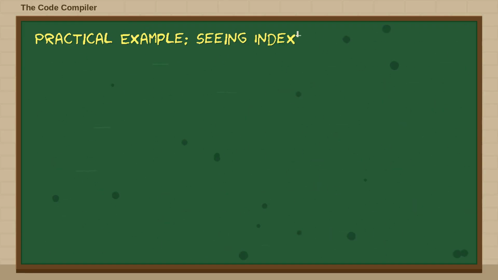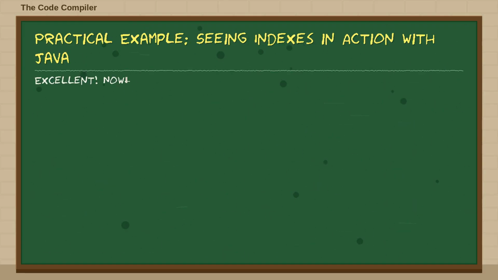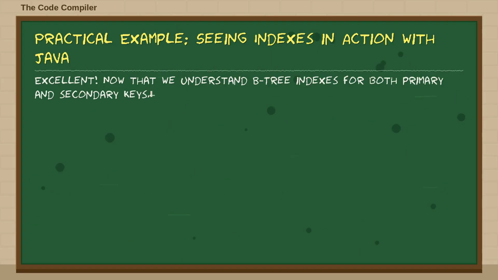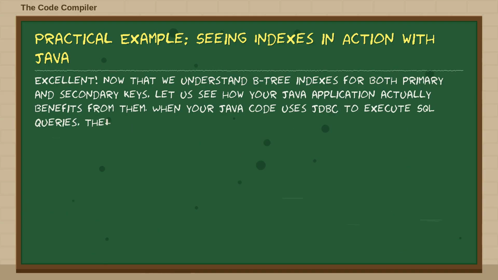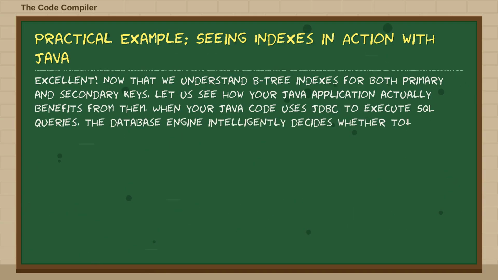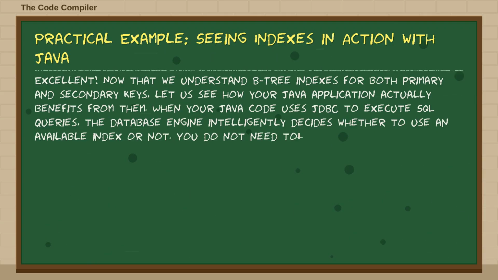Excellent. Now that we understand B-tree indexes for both primary and secondary keys, let us see how your Java application actually benefits from them. When your Java code uses JDBC to execute SQL queries, the database engine intelligently decides whether to use an available index or not.